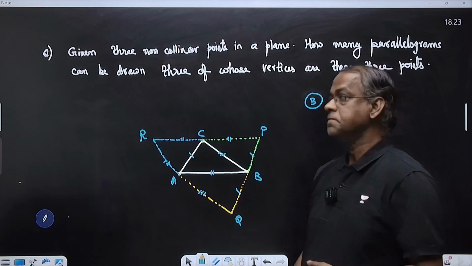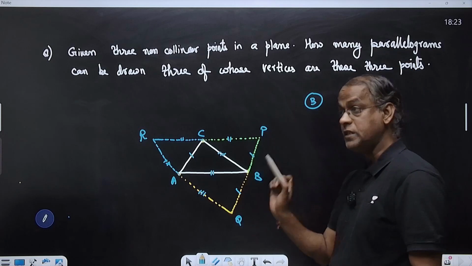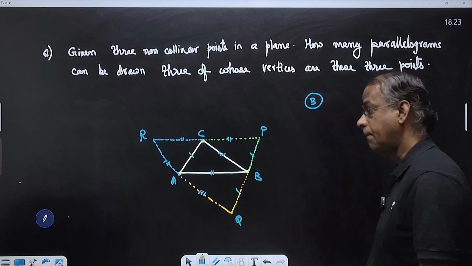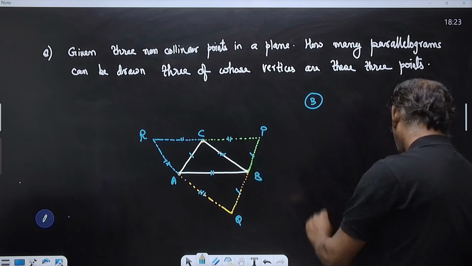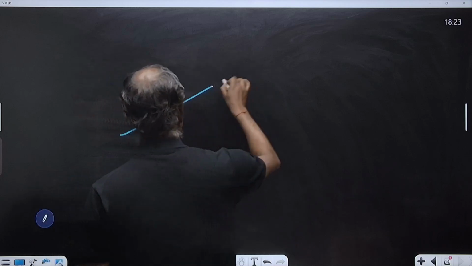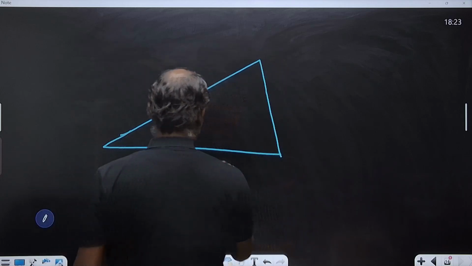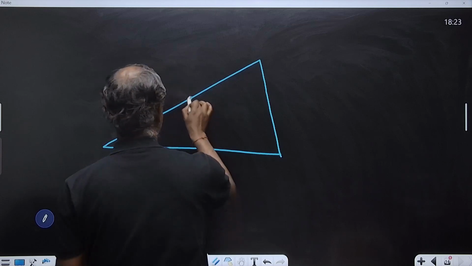Now somebody may ask you about medians. Please keep these things in mind. Suppose we draw these two triangles. What we have done is that we have taken midpoints.